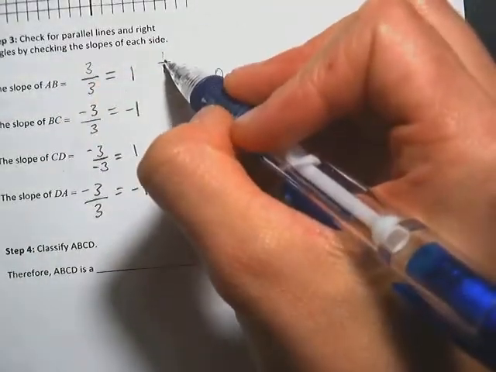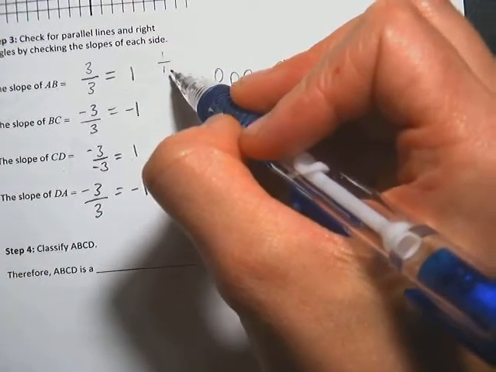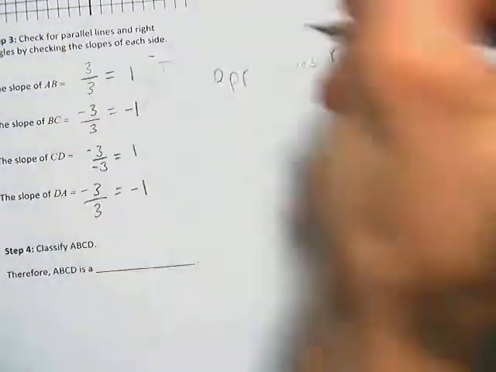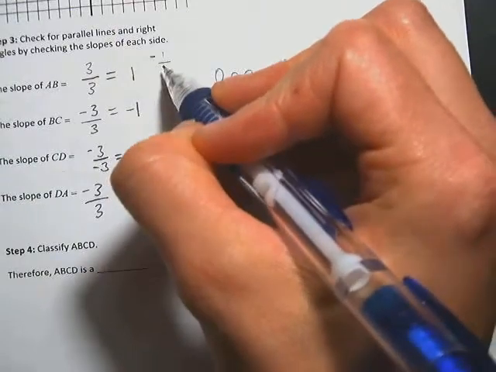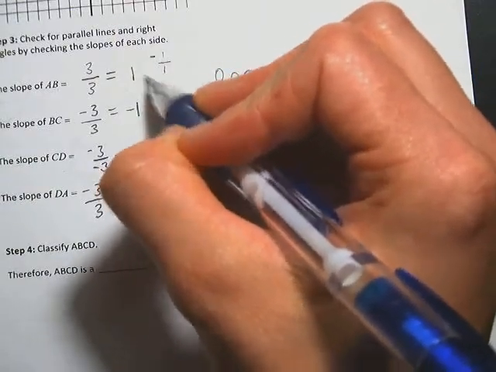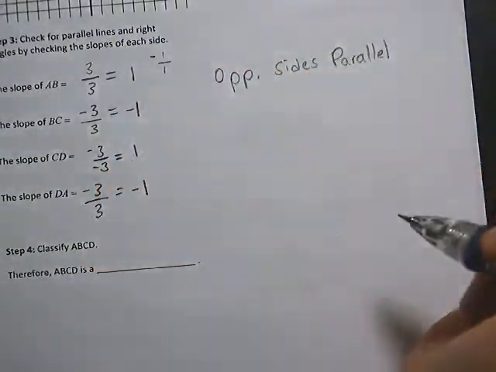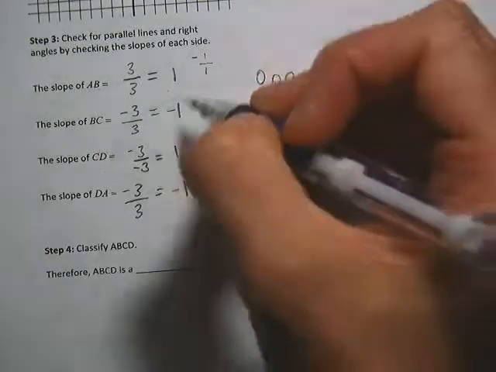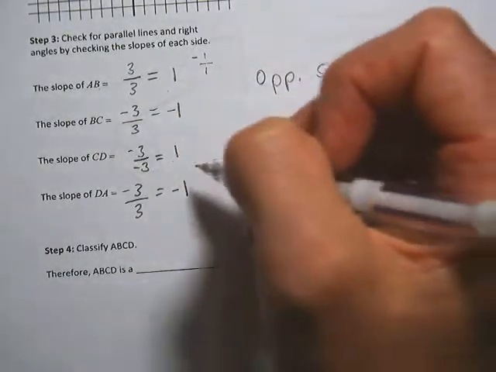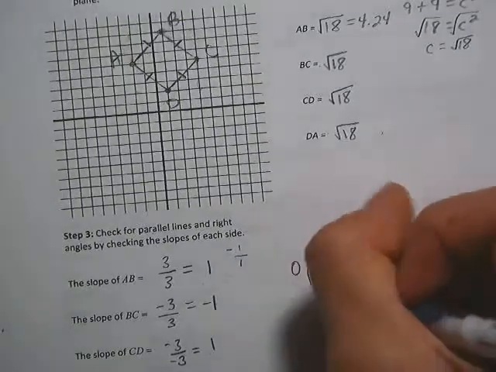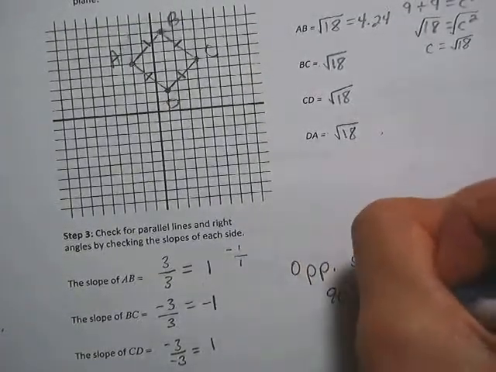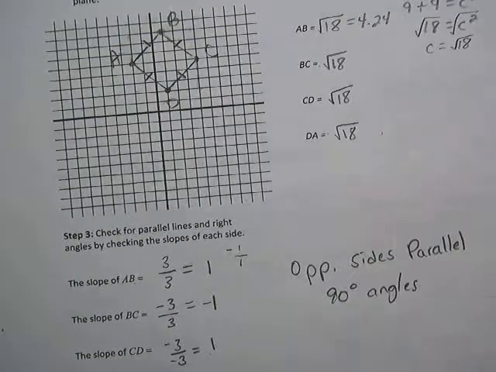So if I flip it, it would still be 1 over 1. But then if you change the sign, it would be a negative 1 over 1, which is negative 1. So notice they are what are called negative reciprocals to each other. And that actually happens for all the sides that are beside each other. So if that happens, then that means you have 90-degree angles in your picture.